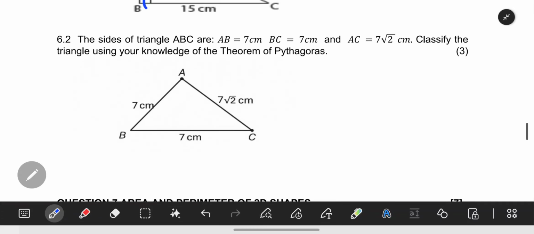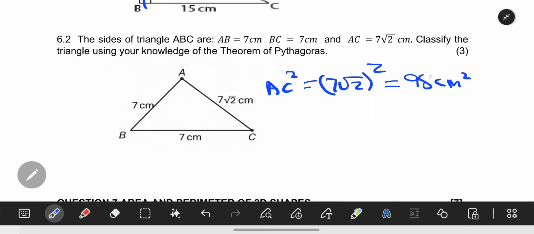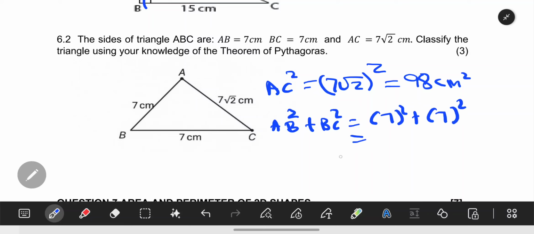Okay, so what are we going to do? Let's start by saying AC squared is going to be 7√2 squared, and we are going to get 98 centimeters squared. We are checking if this triangle is a right angle triangle. AB squared plus BC squared is going to be 7 squared plus 7 squared, and we're going to get 98 centimeters squared.